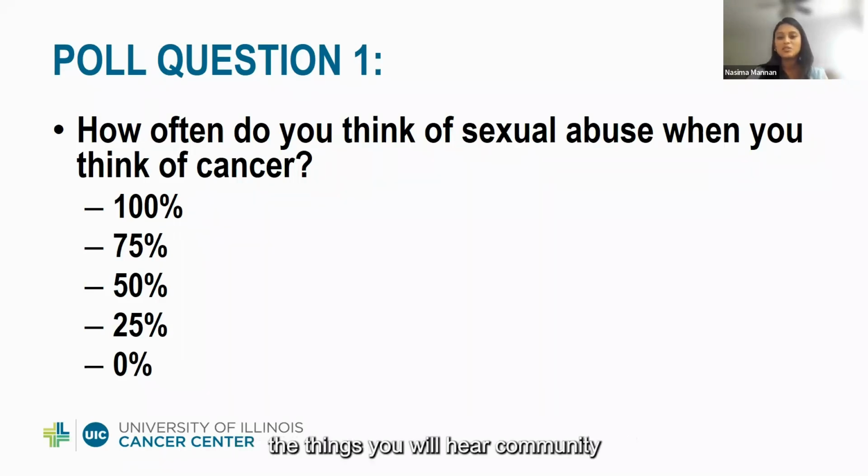These are some of the things you will hear community members talk about and share with each other that we might not think of often when we are thinking of cancer screening. And then the other thing with cancer screening, whether it's colorectal, cervical, or breast cancer screening, these are all invasive screenings, touching sexual organs of the body.